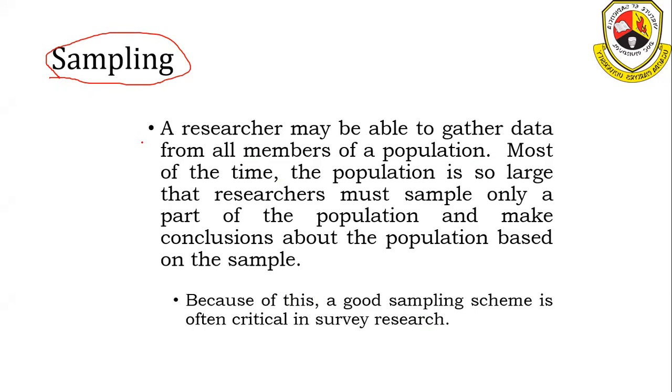For example, if you're doing ethnographic research, you don't really need to sample sometimes. A few times in qualitative research you may need to talk about sampling, but with quantitative research, sampling is extremely important.